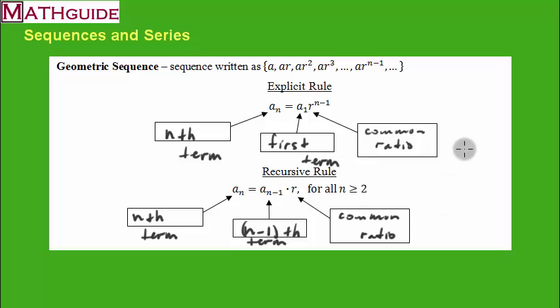If you're talking about a recursive rule, it's like 8-track tapes or cassette tapes. You have to run through all the songs. You got to go through the first song, the second song, the third song, the fourth song to get to the fifth song. So you have to keep going through successive terms using the recursive rule. Whereas the explicit rule, you can zip right to the term you want.